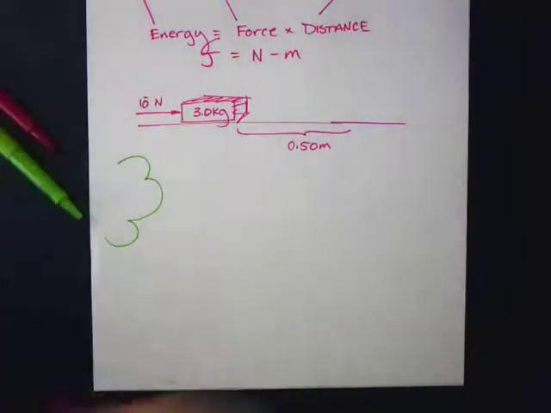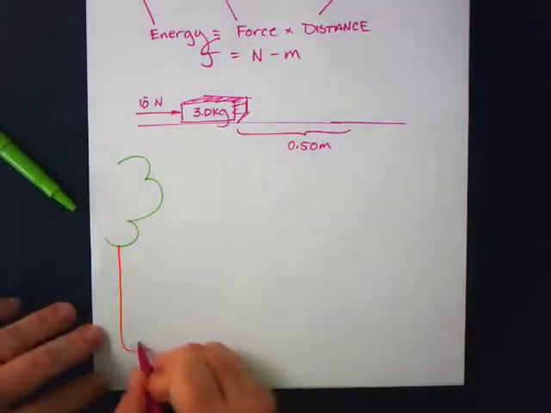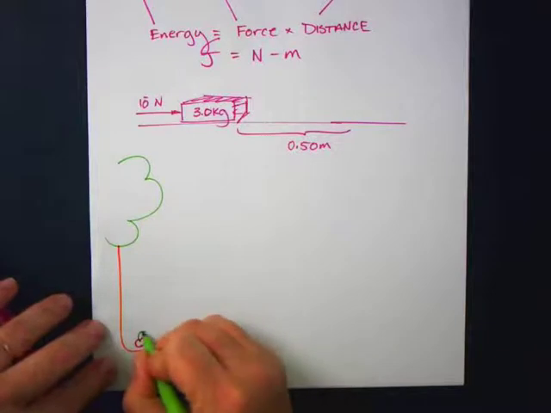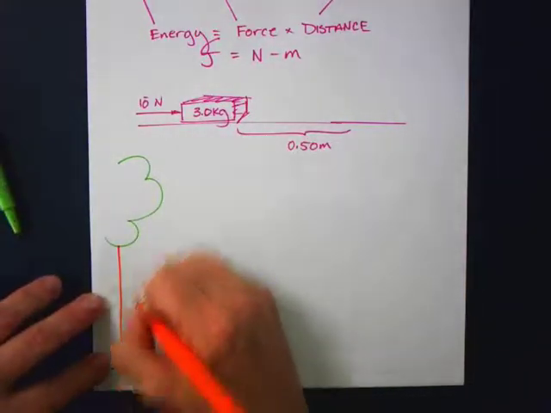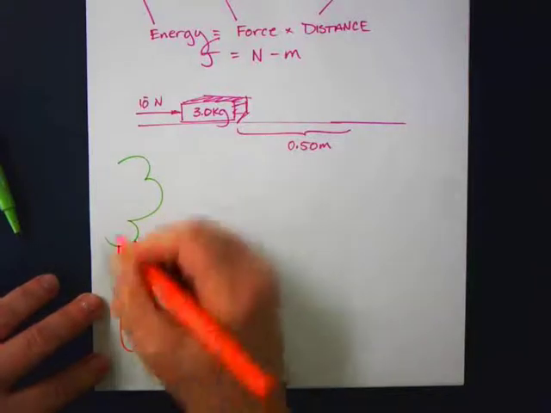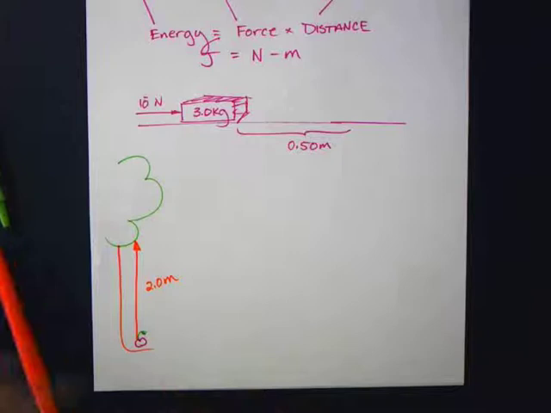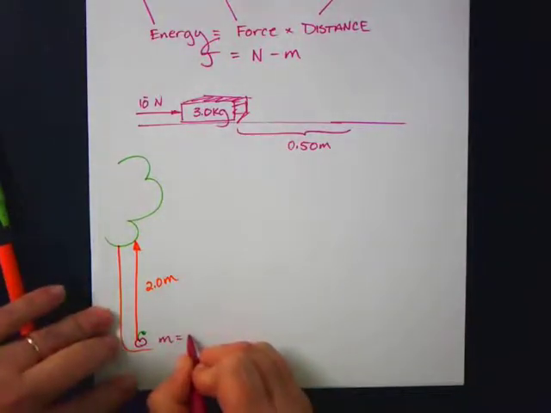All right, let's take this work formula and turn it sideways. Let's make it go vertical. Let's take an apple. That's an apple tree. We're going to take this apple and put it up in the tree. We're going to lift it and set it in the tree 2 meters.